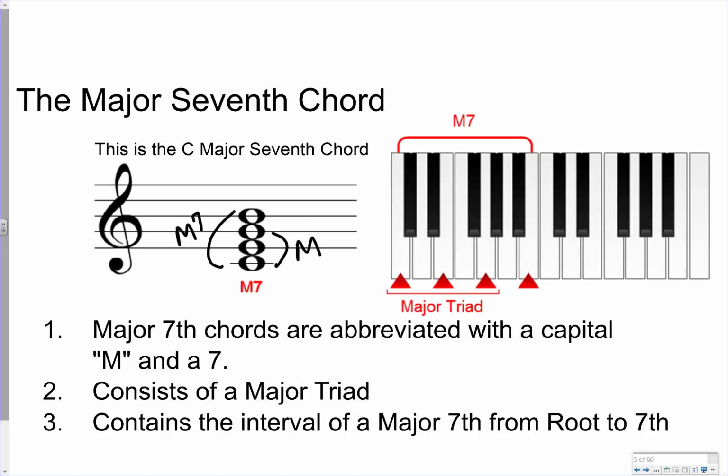And here is a visual of the piano, so you can see that. So major 7th chords are abbreviated with a capital M and a 7. It consists of a major triad and contains the interval of a major 7th from root to 7th.